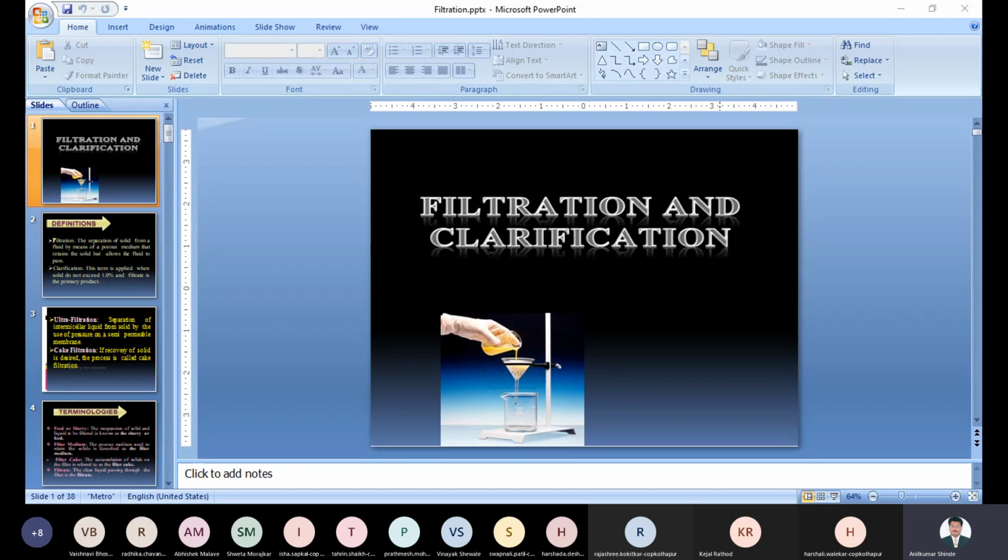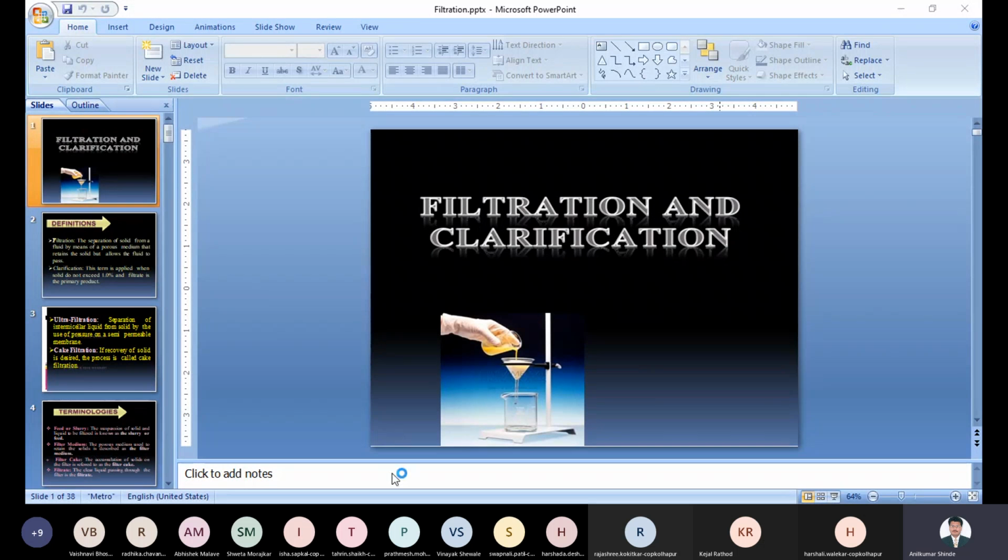But that solution may contain some solid material remaining undissolved, and some foreign particles, maybe black particles, white particles, any type of contaminants. All are removed with the help of filtration. So we remove the solid particles from the liquid through the filter medium and get the filtrate.